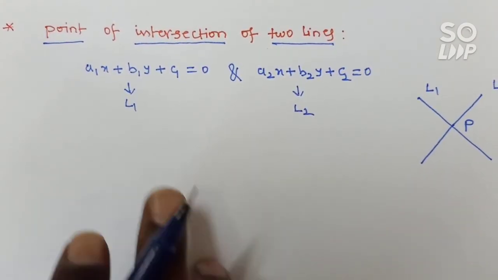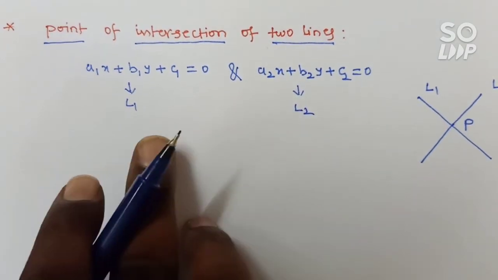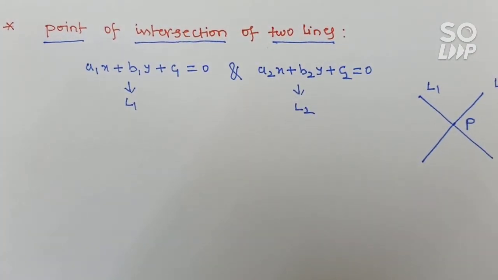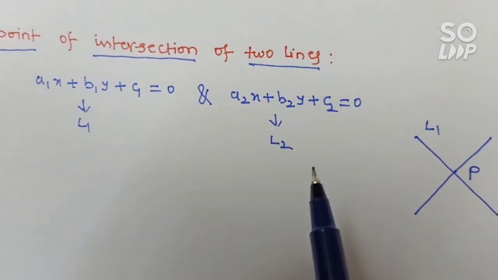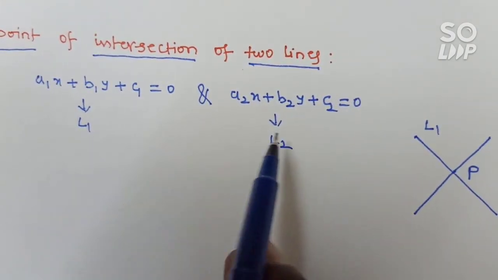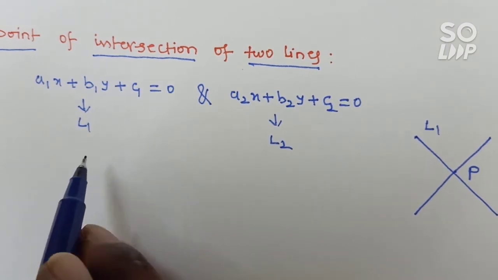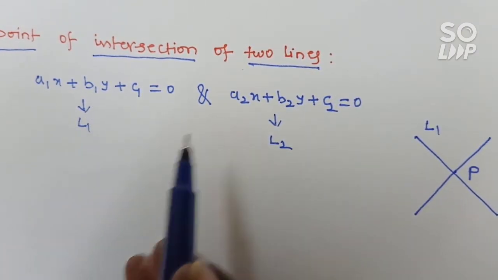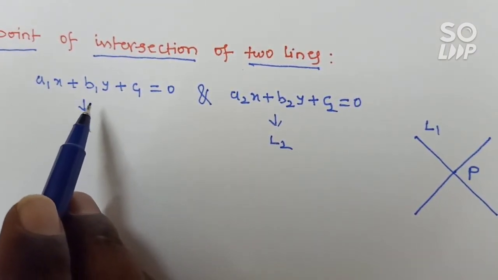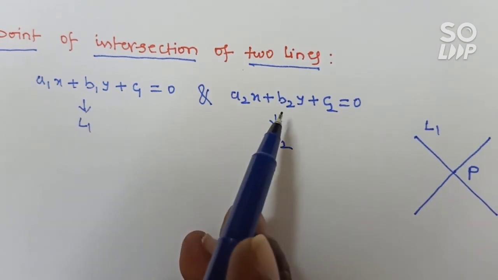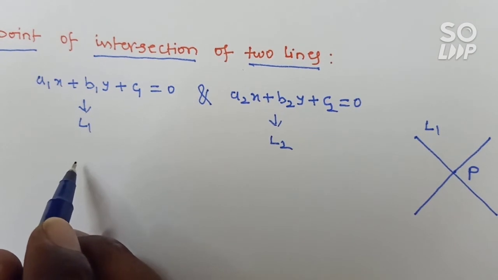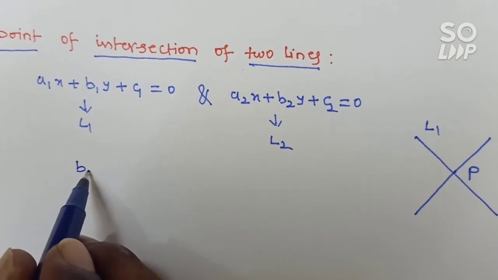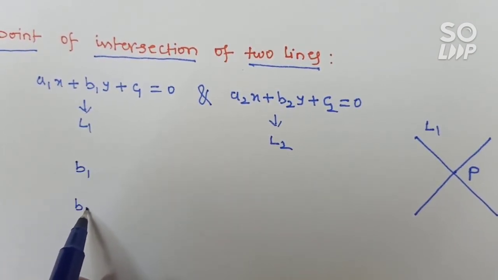Now how to solve both equations? L1 is this one, L2 is this one. For the point of intersection of these two lines, we have a particular procedure. First, you write the y coefficients of these two equations, that is b1, b2.